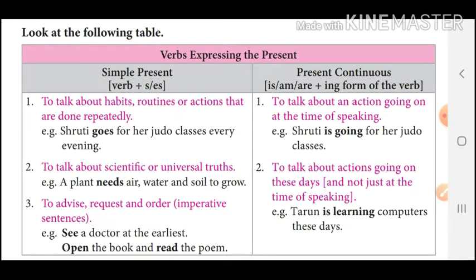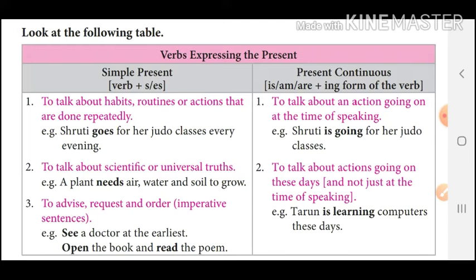Now let us see the use of simple present tense and present continuous tense. Simple present tense is used to talk about habits, routines, or actions that are done repeatedly. Example: Shruti goes for her judo classes every evening. I go to school daily. What do these sentences show? These sentences show habits, that means routines.